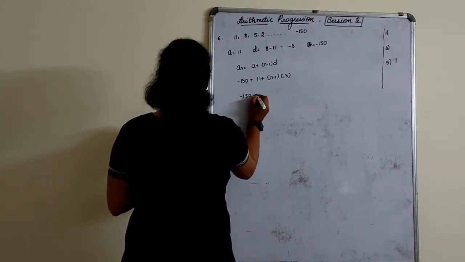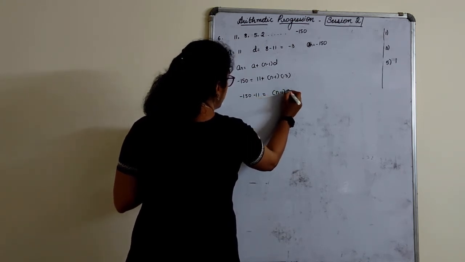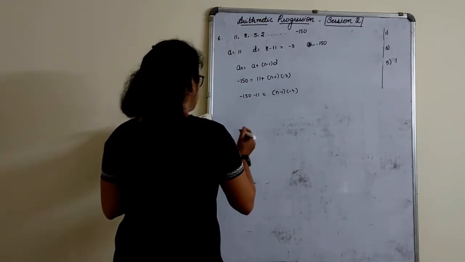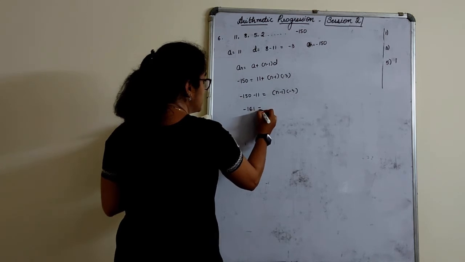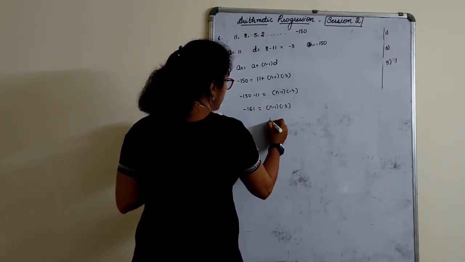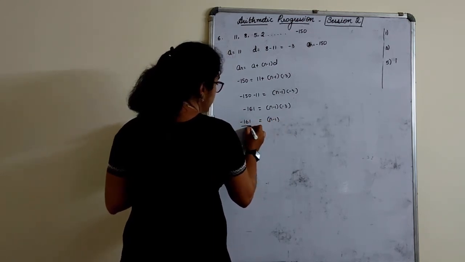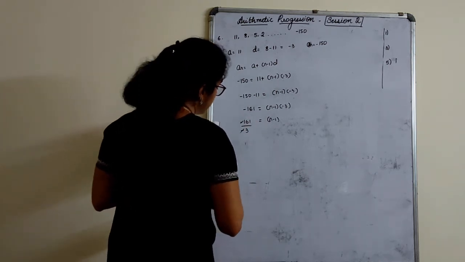Minus 150 minus 11 is equal to n minus 1 of minus 3. Minus 150 minus 11 will give you minus 161 is equal to n minus 1 of minus 3. n minus 1 is equal to minus 161 divided by minus 3. Minus minus will get cancelled.